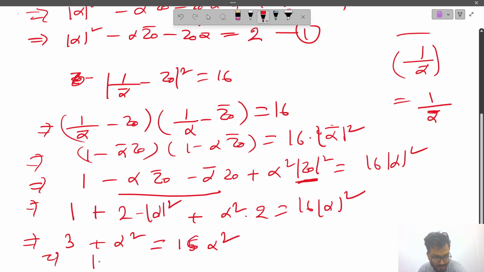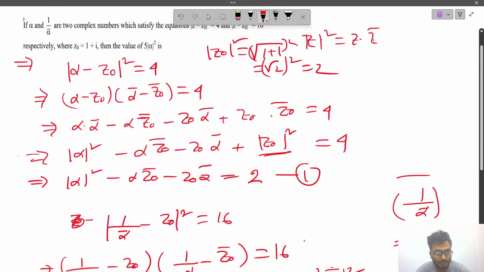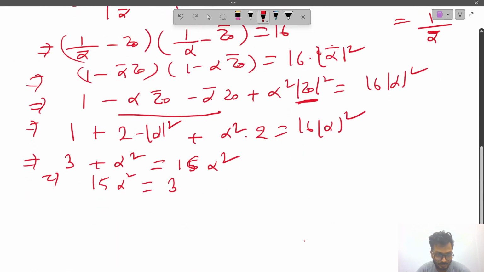So this implies that 15α² is our 3, right? So what we have to do? 5α² is 3 by 3. So this is 1. So this value we get, this is 1.